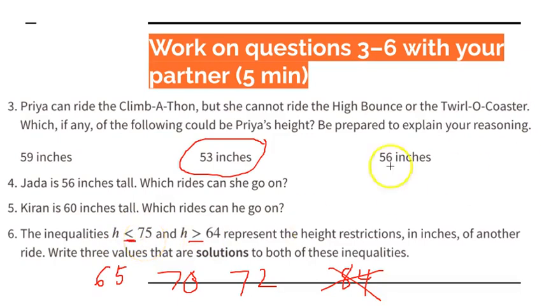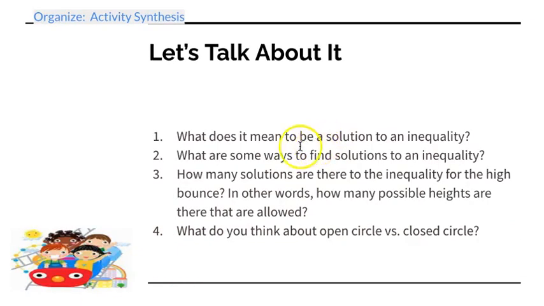But that's not terminology that we're going to be digging into yet, though some of you may know it already. All right, a solution to an inequality is something that you can plug in for the variable and still make it true. Some ways to find solutions to an inequality: you can use number lines, you can use subtraction, addition. It just depends on what you're looking for.